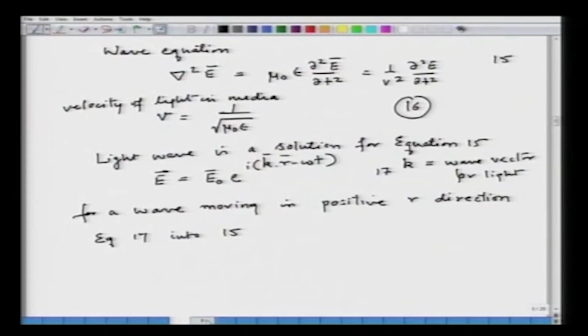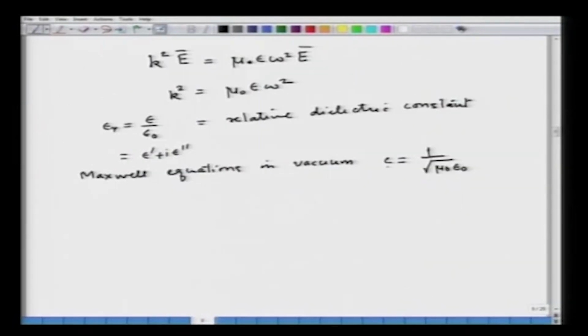If the media is not there, then the speed of light, which is the speed of light in vacuum, is going to be given by the permeabilities of the vacuum for magnetic and electric field.